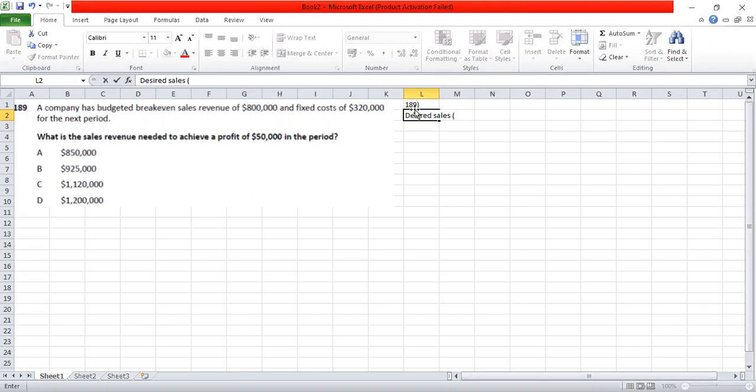In sales value in dollar value is equal to the numerator, fixed cost plus the desired profit margin, divided by the denominator, contribution margin ratio.